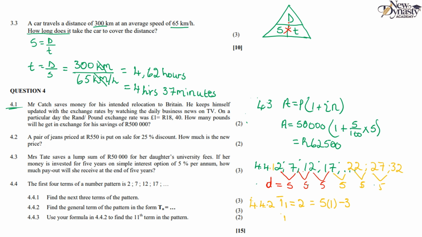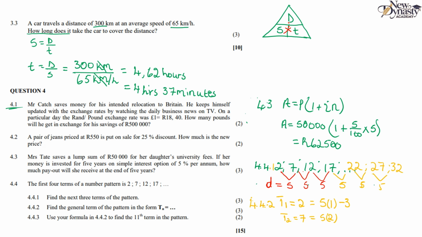Now let us get the second term, term 2. Second term means your T2. So in this case our second term is 7, and we say that 5 multiplied by that 2 of the second term. So 5 multiplied by 2 is 10. So now we've got 10, but we want 7.